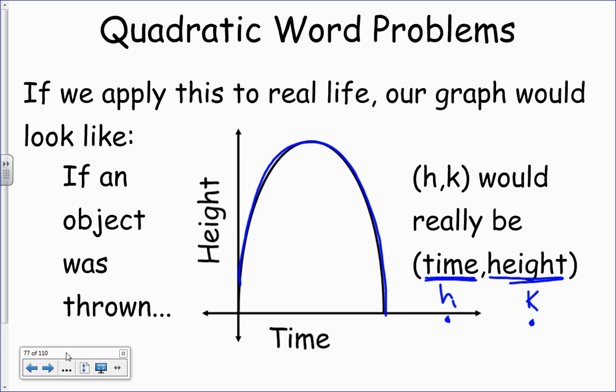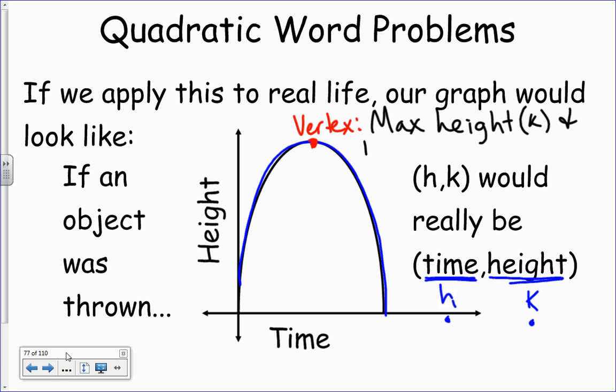Now that can be really more specific because the h is the time it takes to reach the maximum height. All right, because up here at the very top, this vertex is really the max height, which is k, and how long it took to get there, which is h.